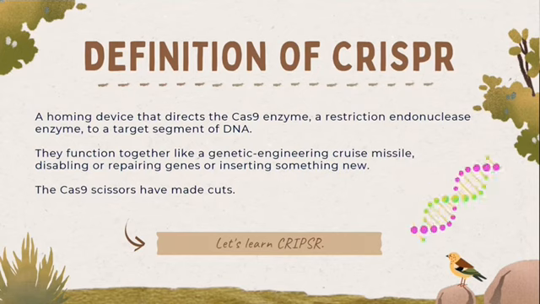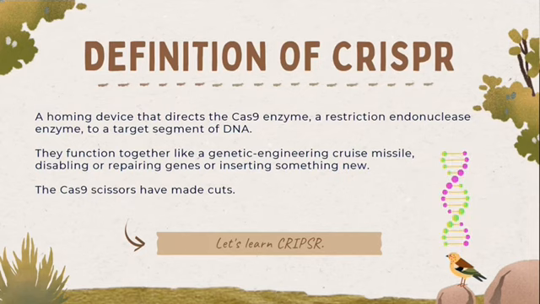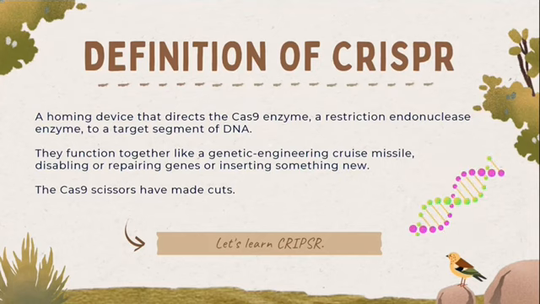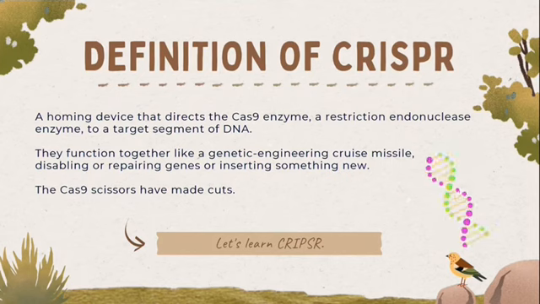CRISPR is also known as a segment of genetic material found in the genomes of prokaryotes, such as some bacteria and archaea, that consist of repeated short nucleotide sequences interspersed at regular intervals between unique nucleotide sequences derived from the DNA of pathogens, such as viruses that have previously infected the bacteria and that protects the bacteria against future infection by some pathogens.